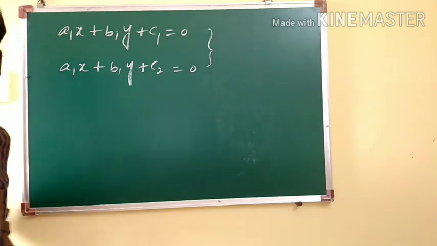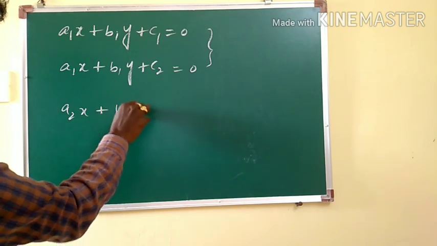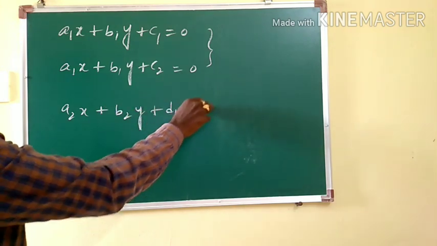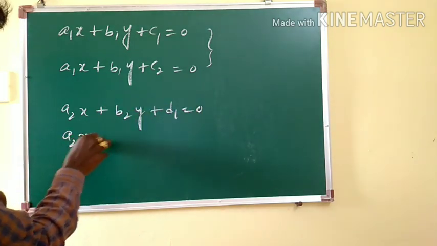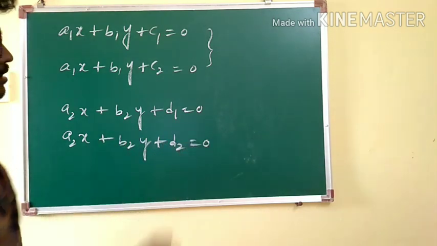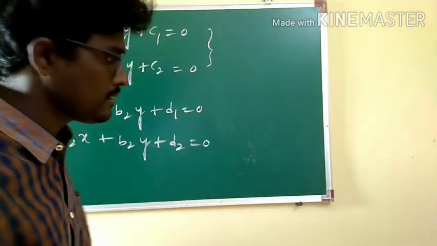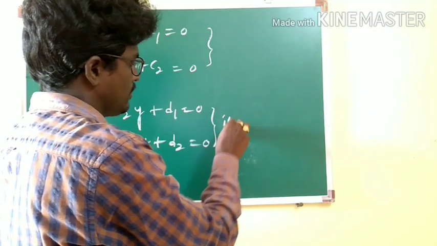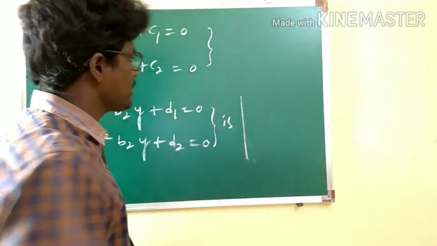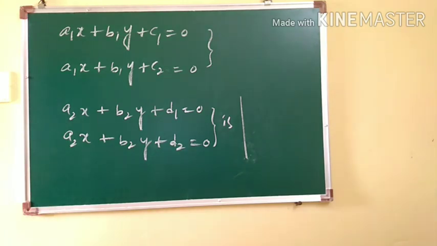And other parallel lines are A2x plus B2y plus D1 equal to 0, A2x plus B2y plus D2 equal to 0. Means here these two are one pair of parallel lines and these two are the other pair of parallel lines of a parallelogram.